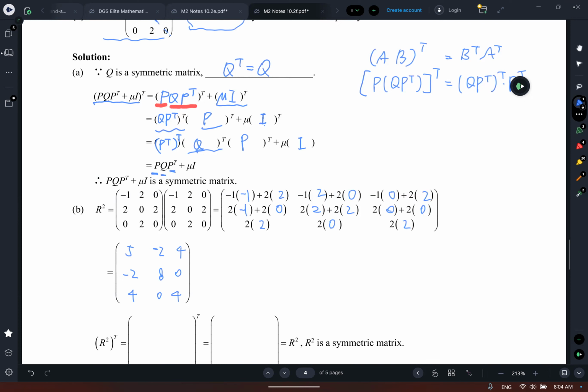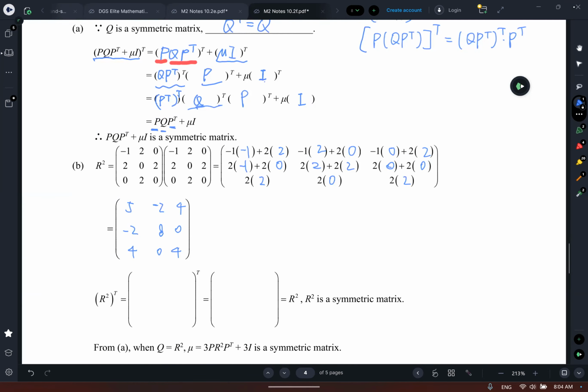Okay. So I'm not finding any shortcut. I'm saying, oh, this is R square. And R square is symmetric. I hope you know. Although these numbers are not equal, but that's fine, as long as the transpose equals. So R square transpose is 5, -2, 4, -2, 4, -8, 4, 0, 0.